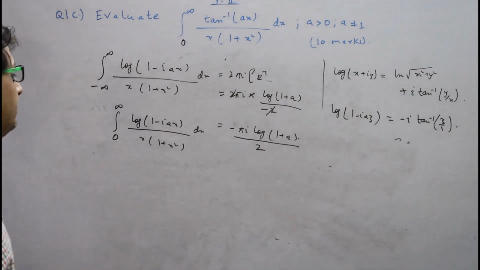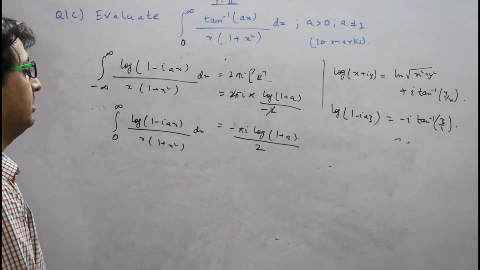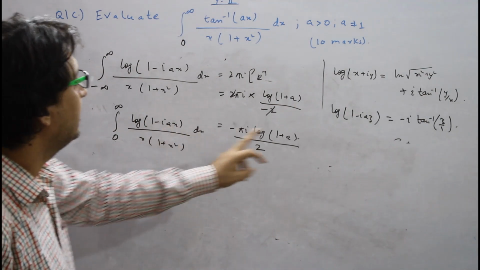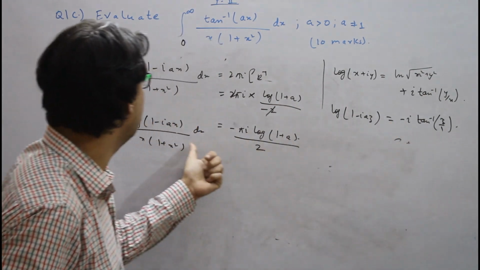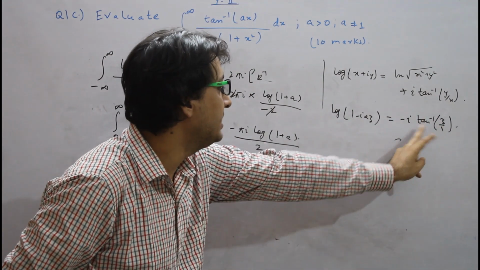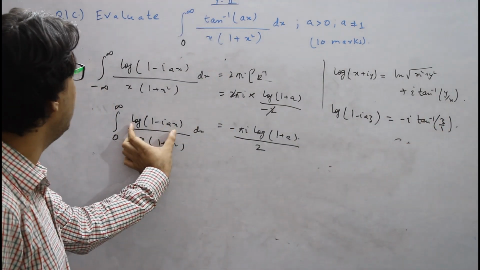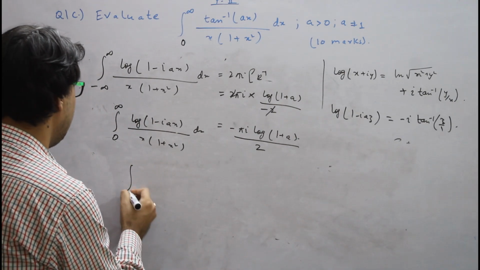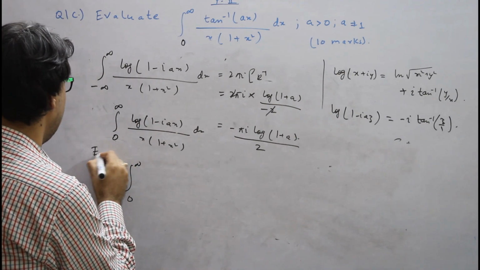Alright, now we are very close to our answer. What is log of (1 minus iax)? That is minus the imaginary part of tan inverse. So if I write it, I have to write the imaginary part. So I am equating the imaginary part now.